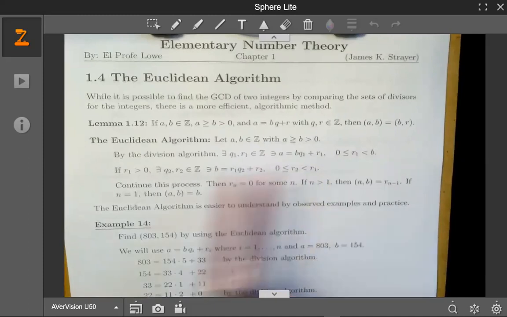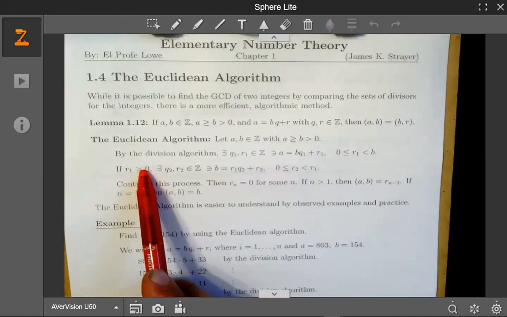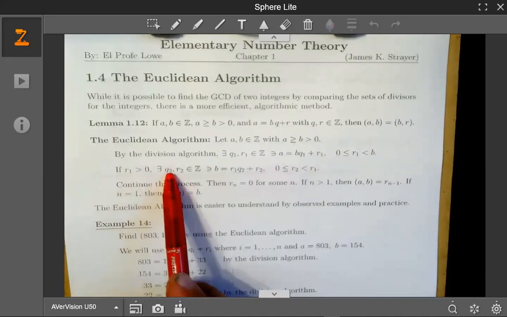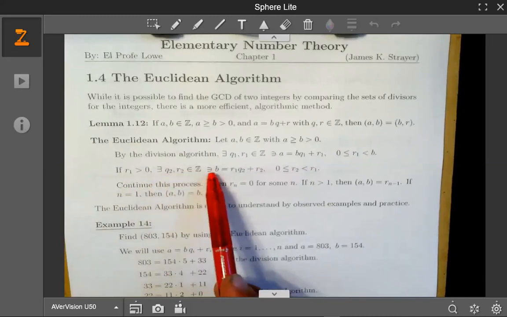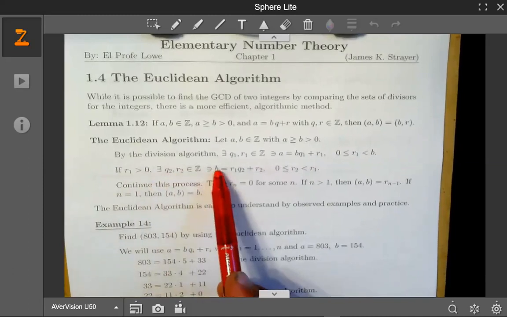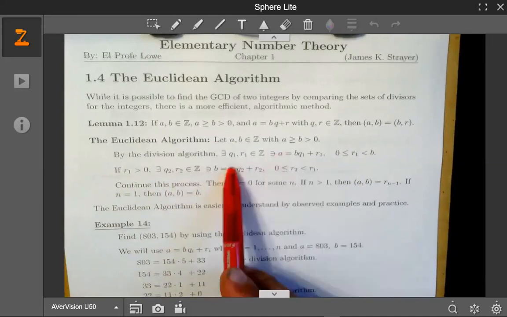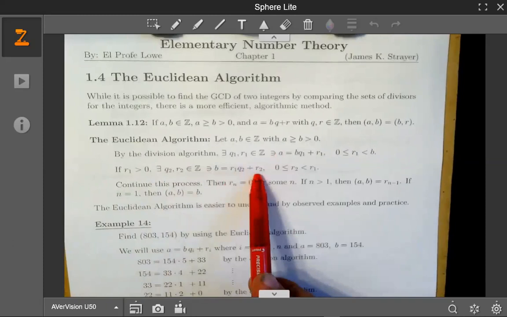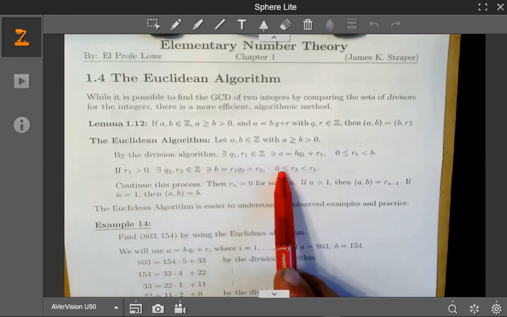So if r sub 1 is greater than 0, so if you have a remainder, then there exist a q2 and r2, right? A new quotient and a new remainder that are integers, such that b is equal to r sub 1 q sub 2 plus r sub 2. And that's where r sub 2 is positive or 0 and less than r sub 1.